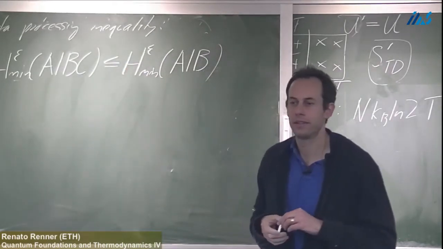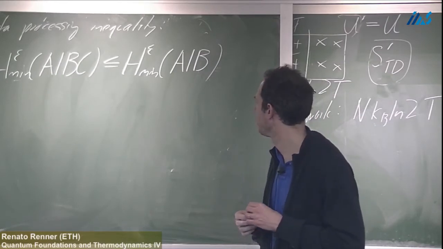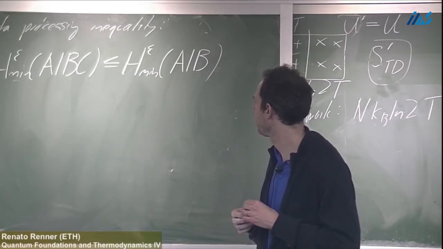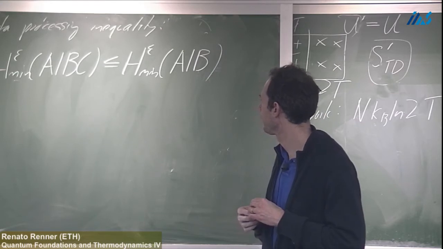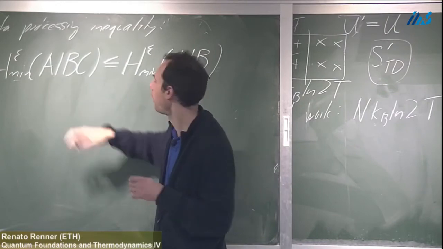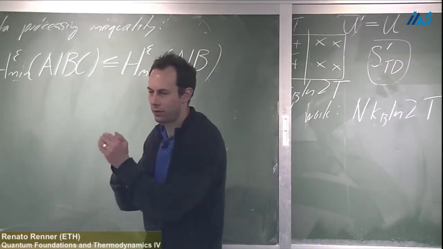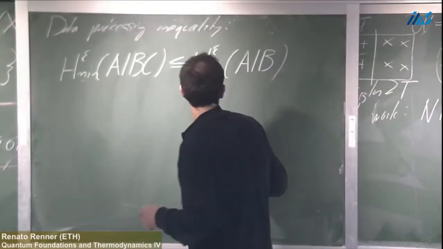Yes? There should be a comma between the B and the C, since they're two different systems. What do you mean by BC? These are just two systems that I consider as one. Maybe I should have clarified.